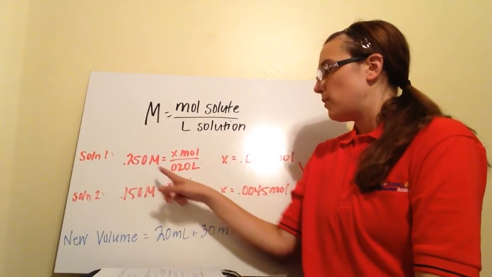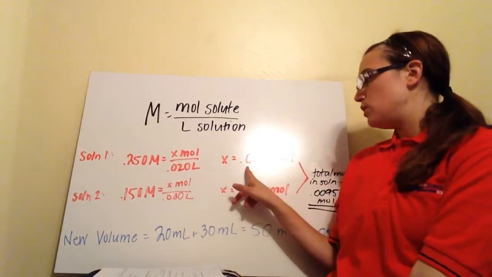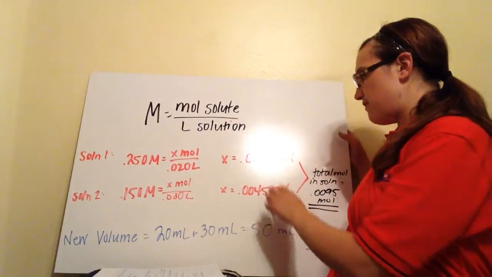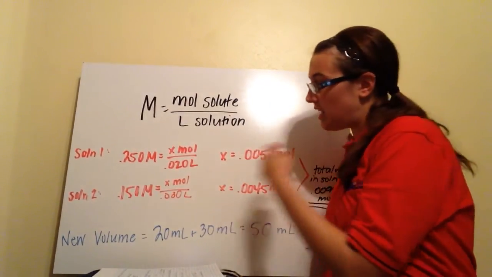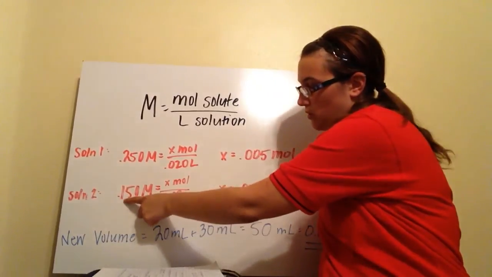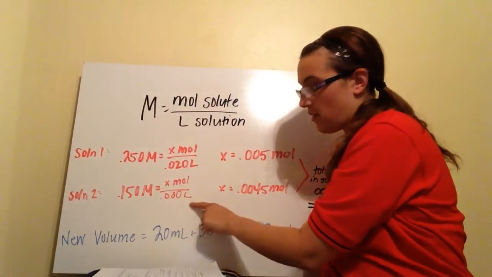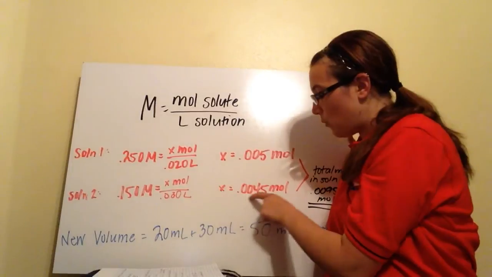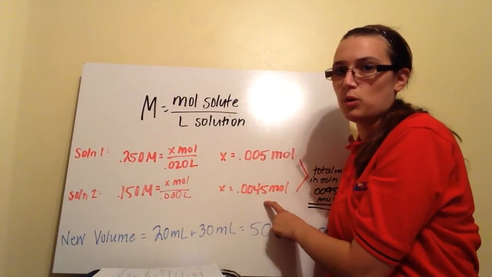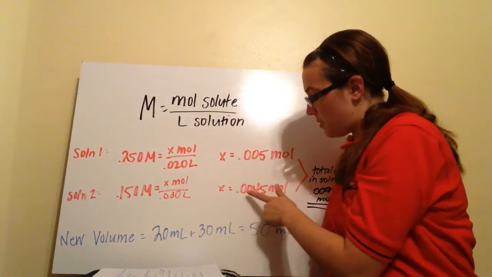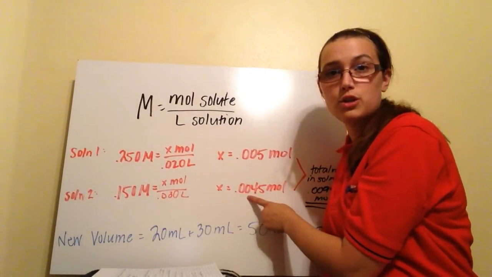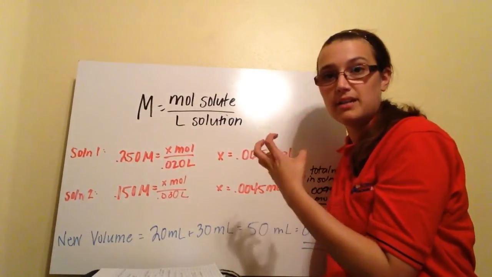So when you multiply 0.25 and 0.02, you get 0.005 moles of HCl in solution 1. Now if we do the same thing for solution 2, we use the concentration, we use the volume in liters, we get 0.0045 moles. Now, we have 0.005 from solution 1, 0.0045 from solution 2, but those are both in the same container now.